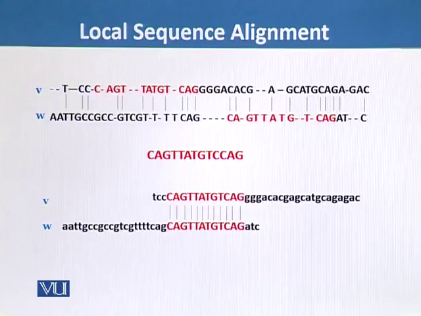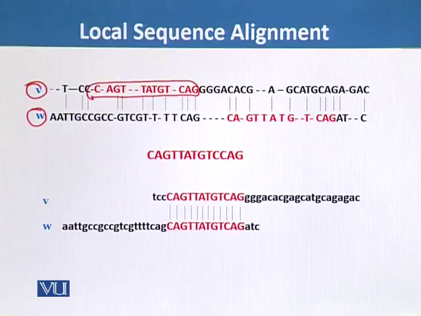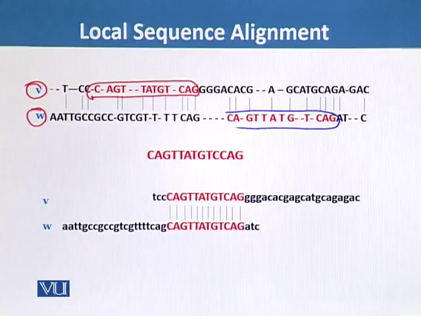Now we can see here two gene sequences present in two different organisms, which we can consider as hypothetical genes. One is V and the other is W. In the first gene, the nucleotides in red are conserved in this hypothetical gene, and the same domain is present at the end of the other gene.